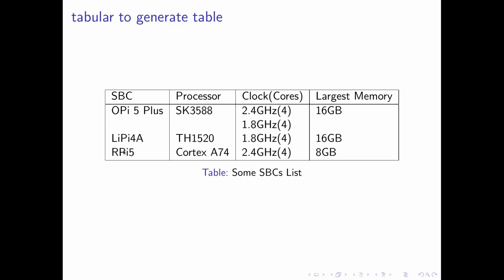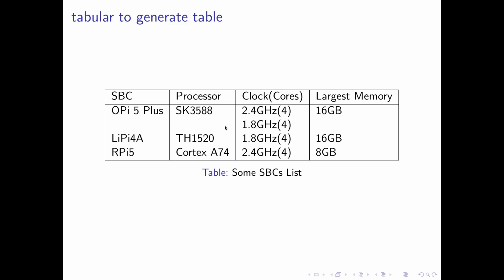Columns list the name of a single board computer, what processor it's using, what its clock speed is and the number of cores at that speed, and then the largest memory. So here's the Orange Pi 5 Plus. Uses an RK3588. It's got four 2.4 gigahertz cores, largest 16 gigabytes.